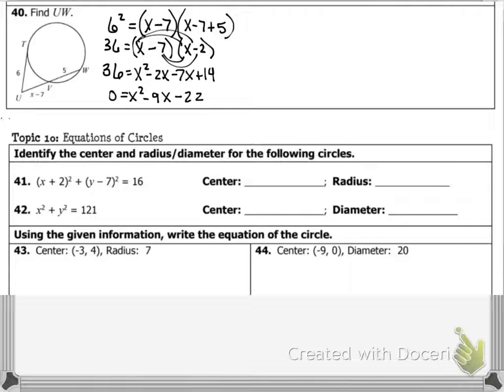And then now I need to, let's see here. I want to try and factor this. 0 equals x. Alright. If I do my x box here, negative 22 times x squared is negative 22x squared. My middle term is negative 9.